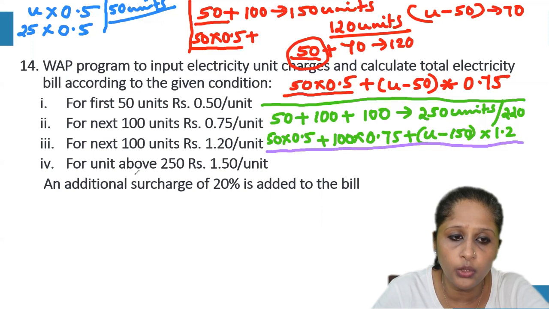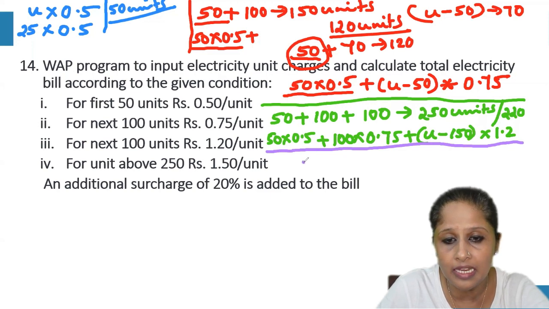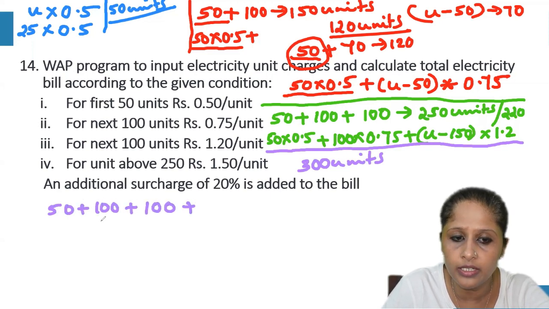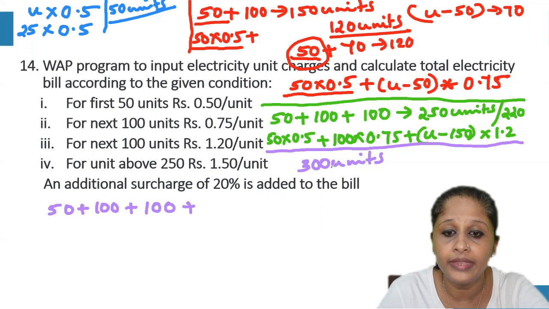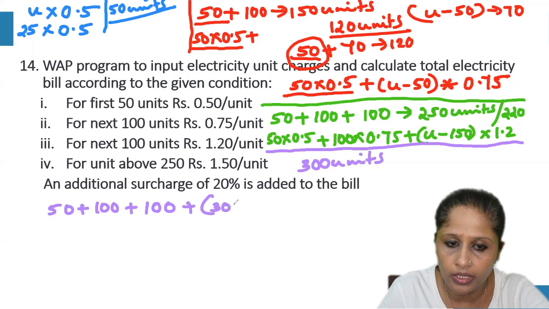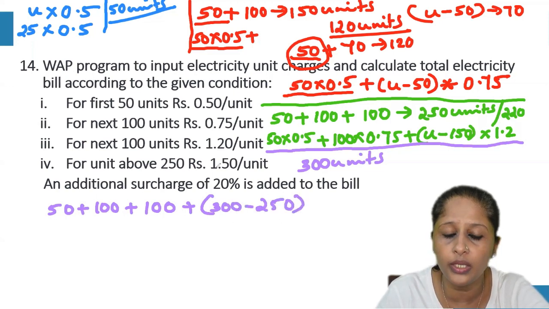Next, for units above 250, it is rupees 1.5 per unit. Suppose the user is consuming 300 units. Then we have first 50, then 100, then again one more 100, so it is 250. Then the remaining: the total unit is 300, so 300 minus 250. For those remaining units you have to pay 1.5 for each unit.